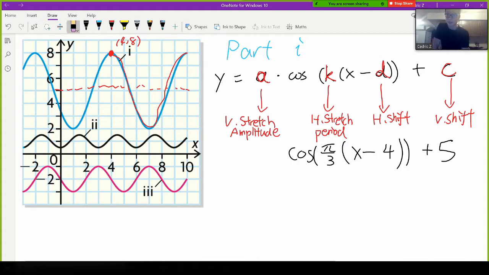Then finally, my vertical stretch, or my amplitude. The amplitude is defined as the distance between the peak and the middle axis, or you can treat it as the distance from the middle axis to the trough, or you can take the distance from the peak to the trough, then divided by 2, halfway between the peak and trough.